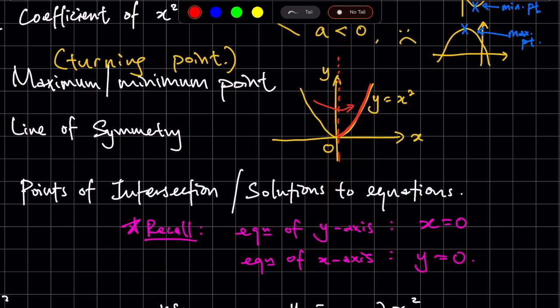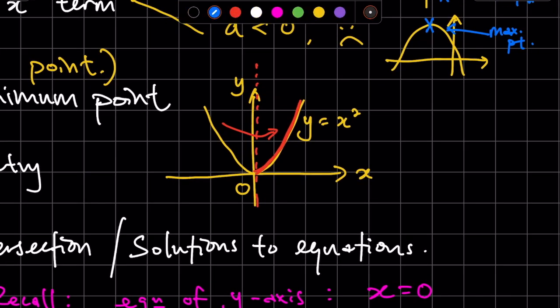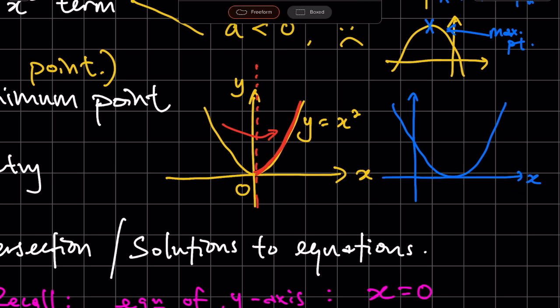For example, if I draw a slightly different curve, almost the same, I'm just going to shift it to the side like this. When I shift it to the side, I can see that my line of symmetry has shifted also. My line of symmetry is now here instead of the y-axis.